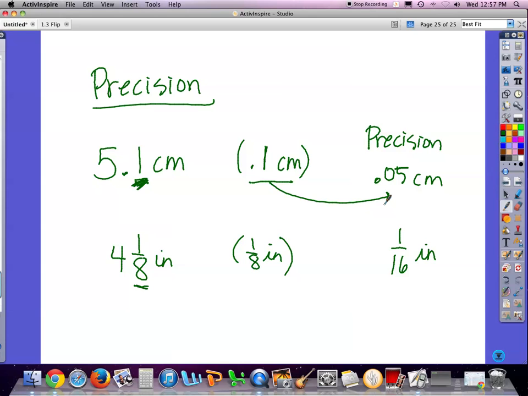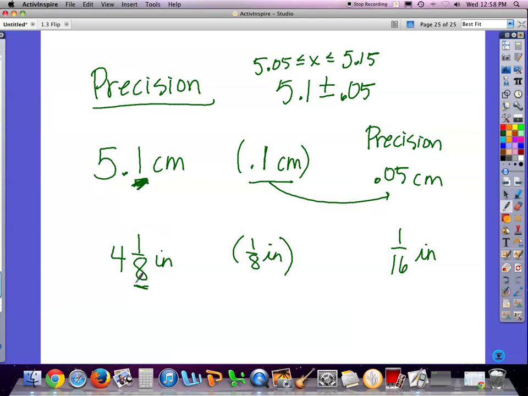Then you can write 5.1 plus or minus 0.05. Out of that, 5.1 minus 0.05 is 5.05, less than or equal to x, less than or equal to, now you add it, 5.15.